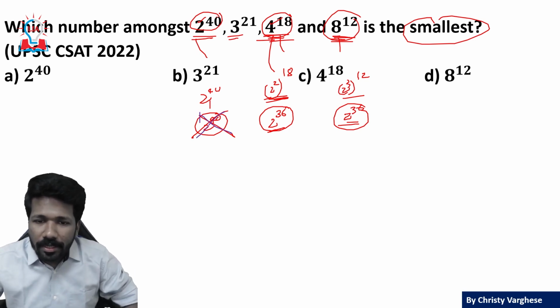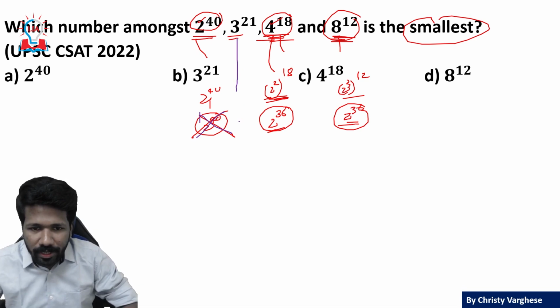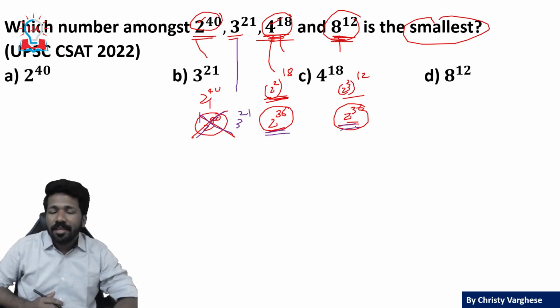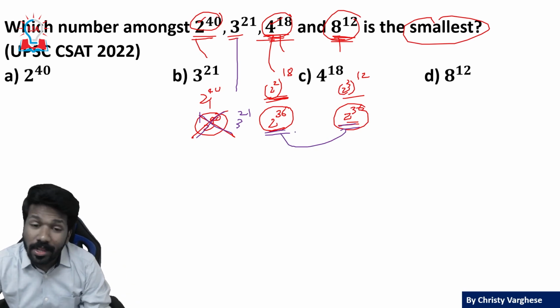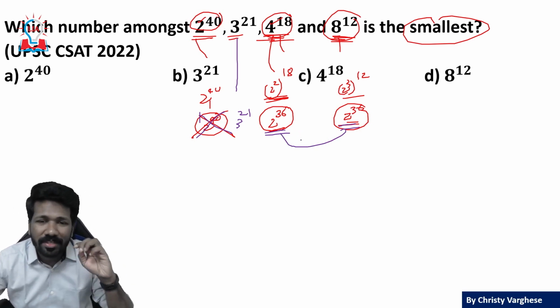So now there are 3 options remaining: 3 raised to 21, 2 raised to 36, 2 raised to 36. Listen very carefully. There are two 2 raised to 36 here. 2 raised to 36 being the answer is not possible, because if it is the answer, 2 answers will be correct.